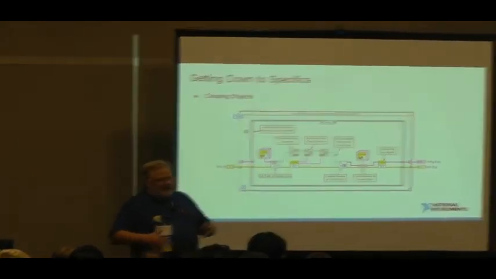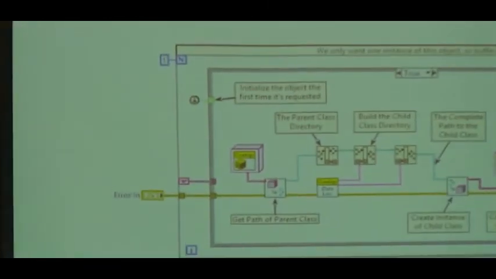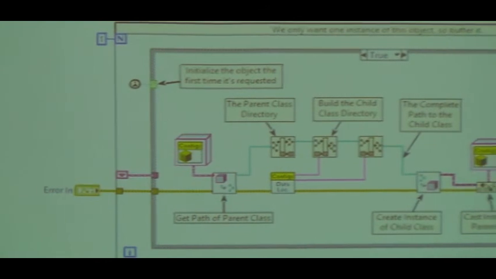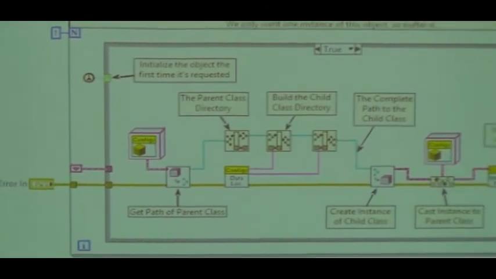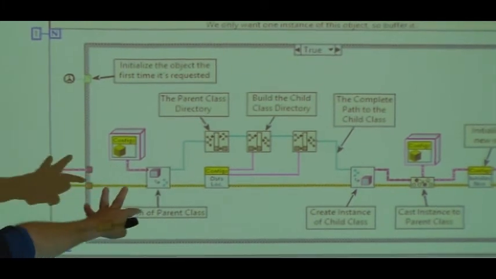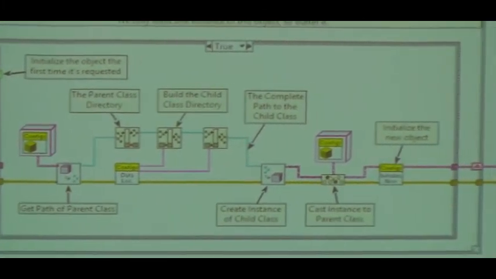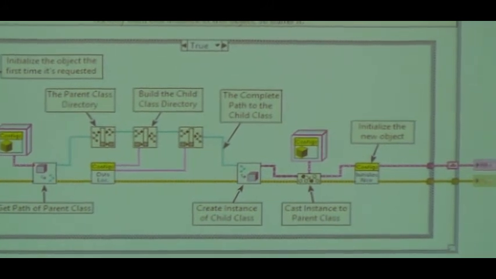Now, once we have this sort of structure set up, how do we actually go about creating the objects? Creating the object that we're going to use. Here's a function that I've used. You can create one programmatically like this. You can also do it like you would with any other LabVIEW data type.